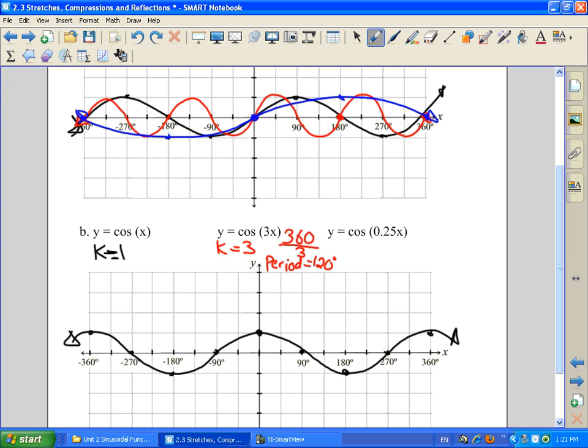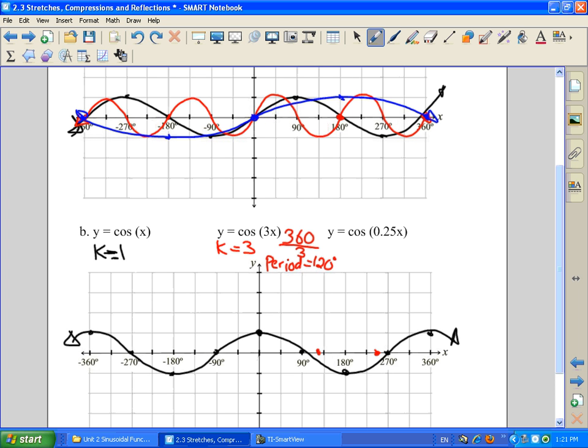So with 120, we've got 90, and 45 is 120, so just about in here. And then 240 is right about in here. I'm looking for 240 here. So within each of those, we're going to have to draw one.